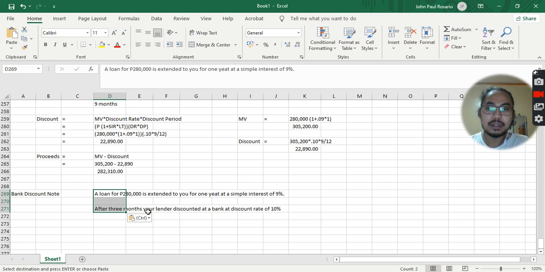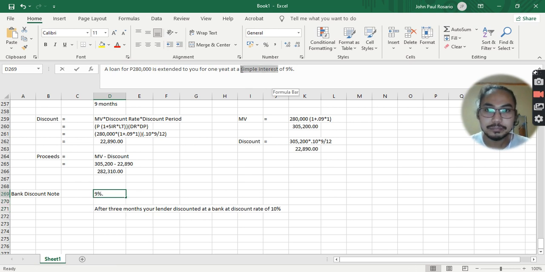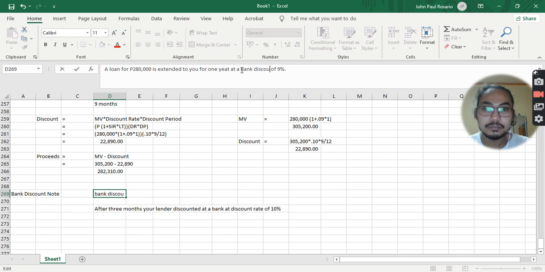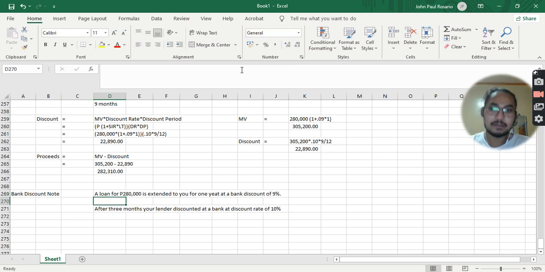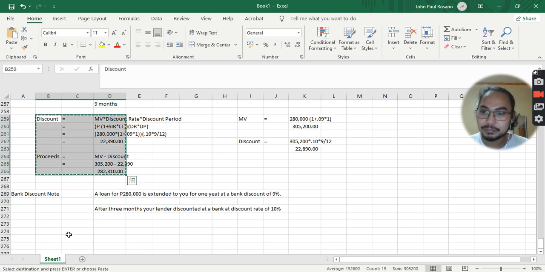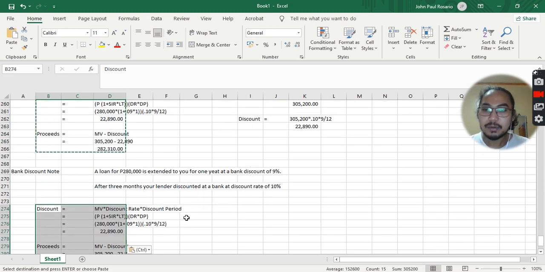So a loan is extended to you for 1 year at a bank discount of 9%. After 3 months, the lender discounted it at the bank at a discount rate of 10%. So here, since we no longer have to solve for the maturity value because the maturity value is given, our process is cut short. So for our discount, it is maturity value, discount rate times discount period.